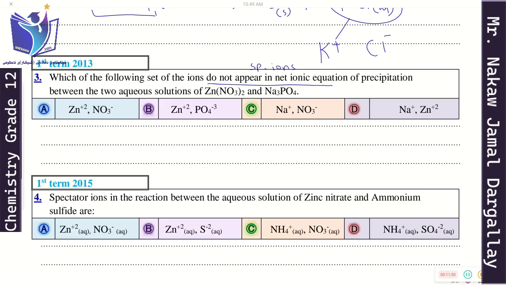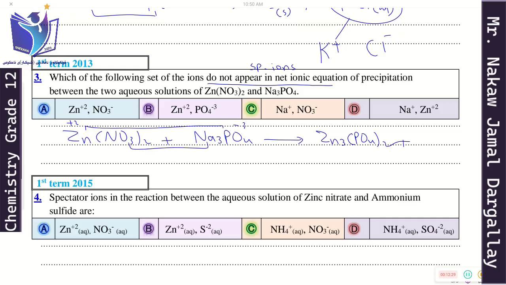For the reaction between zinc nitrate, Zn(NO3)2, with Na3PO4: Zn is positive and PO4 is negative 3, so the formula of the salt is Zn3(PO4)2, plus Na with NO3 produces NaNO3.